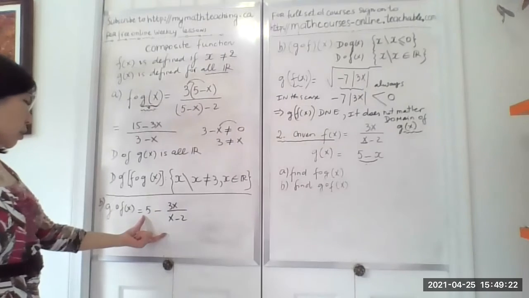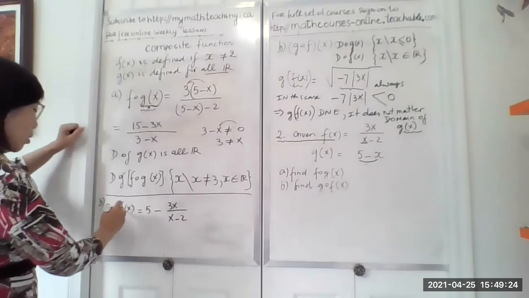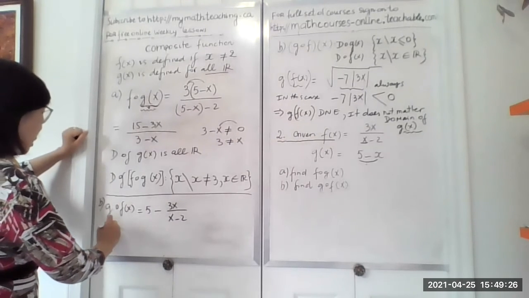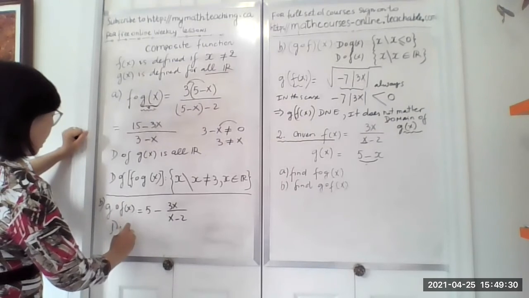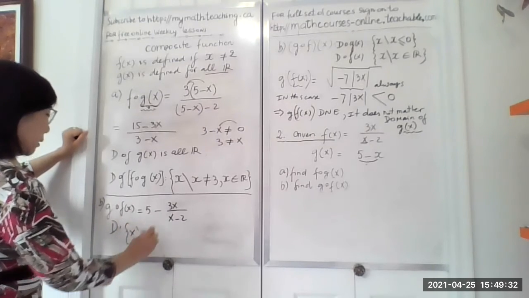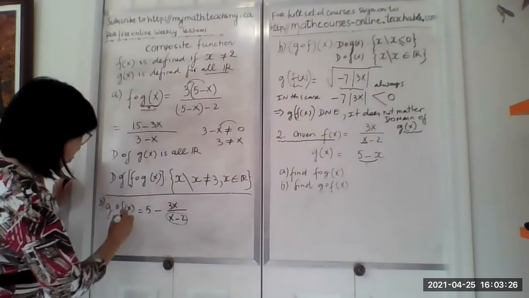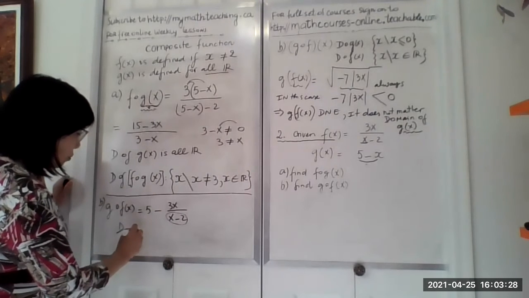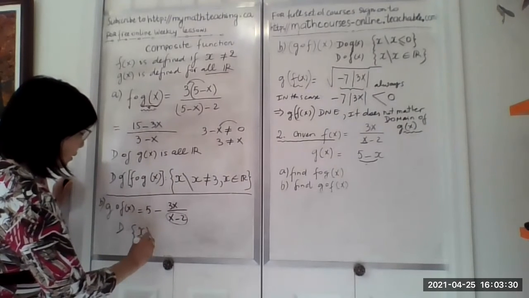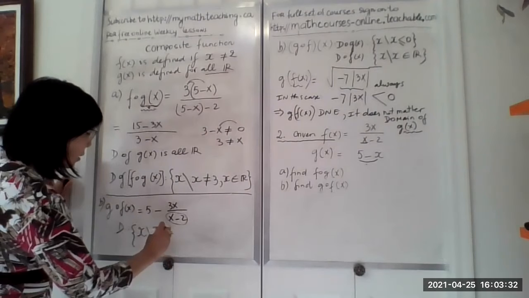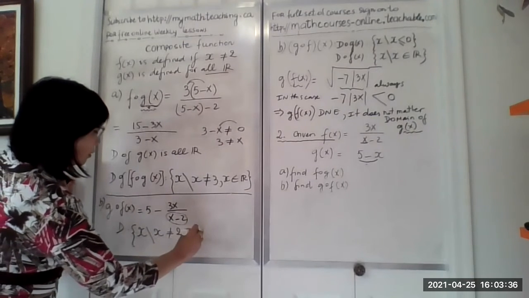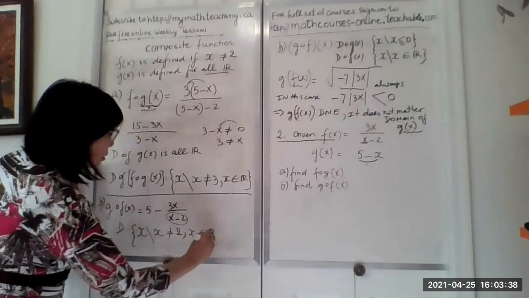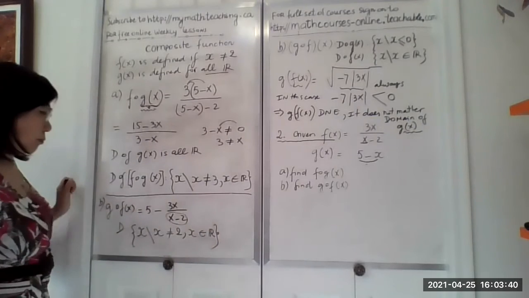So this is the new composite function g of f of x. The domain of this will be the set of x such that x cannot be equal to 2. Other than that, x can belong to the real numbers.